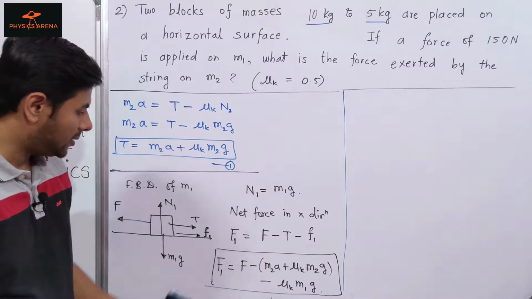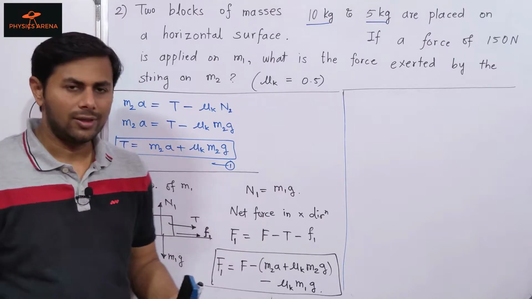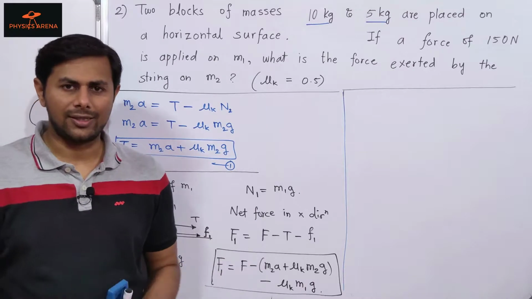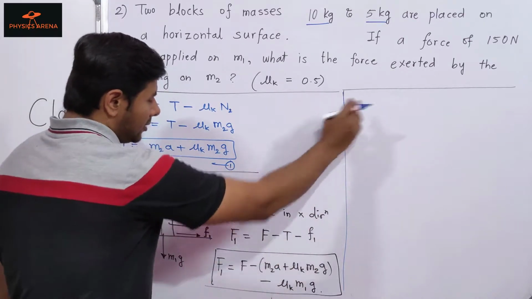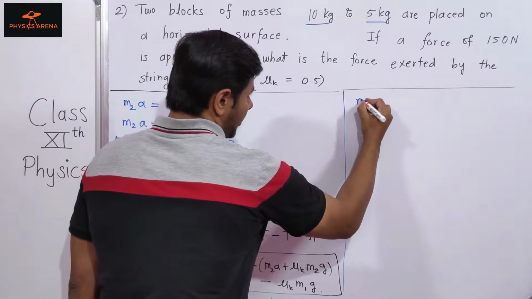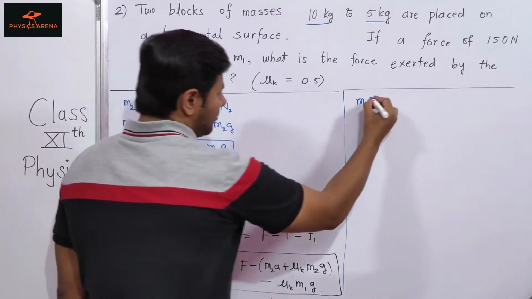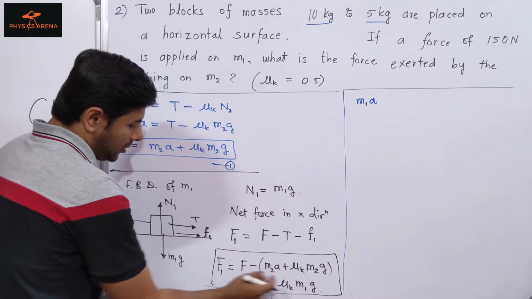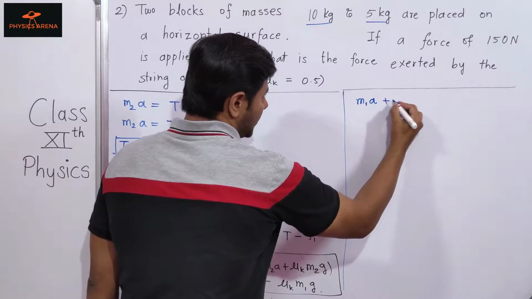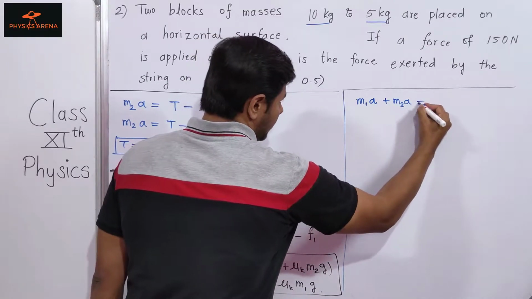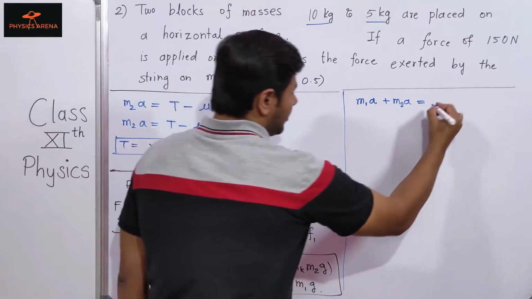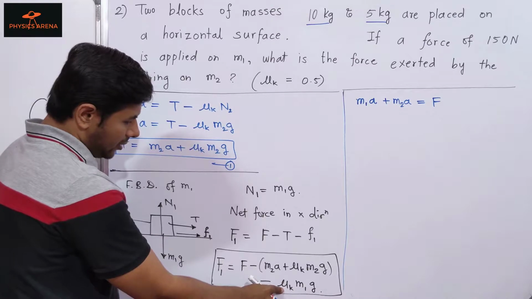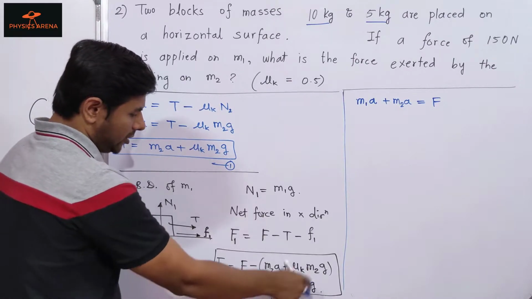Now this F1 is the net force acting on this block whose mass is m1, so it is equal to the mass of the block multiplied by acceleration. So I can note down this equation here. So F1, which is the mass of the block m1 multiplied by A, acceleration. Then I can take this m2 times A to the left hand side. So I have plus m2 times A is equal to F, and then I can take mu k common, g also common from these two terms.